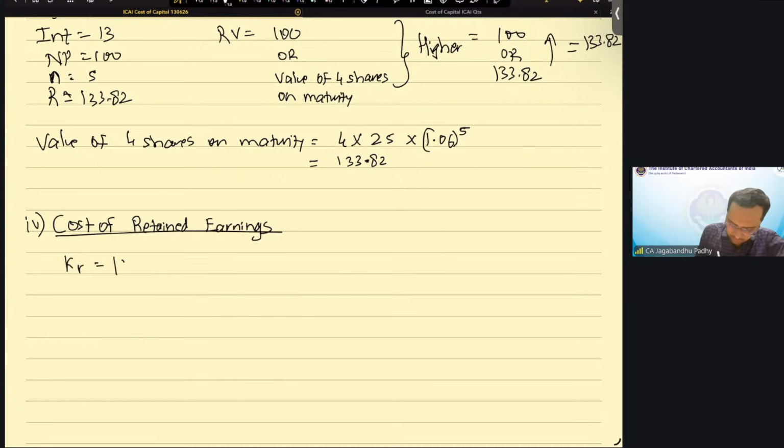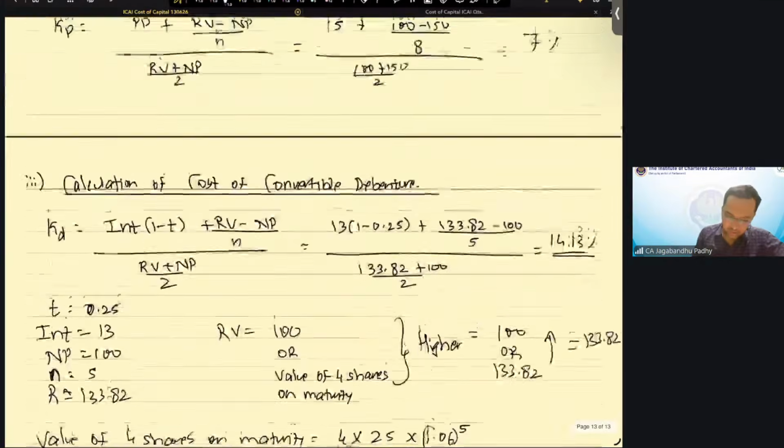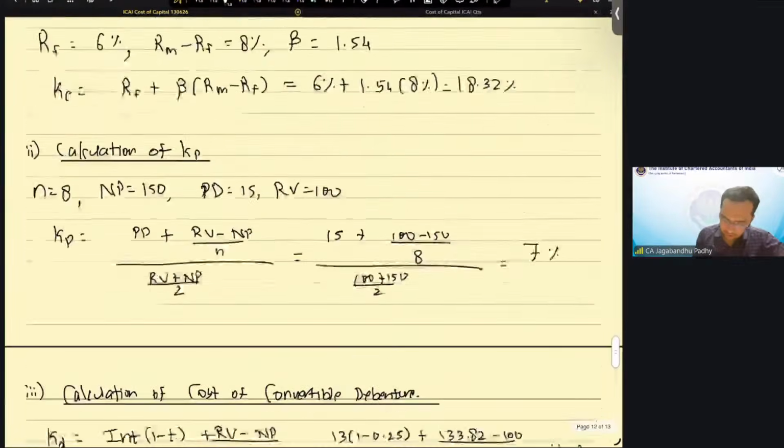We know cost of retained earnings is generally going to be cost of equity. But if we have the personal tax, then this is going to be cost of equity into 1 minus personal tax rate. So we get the cost of equity as 18.32.